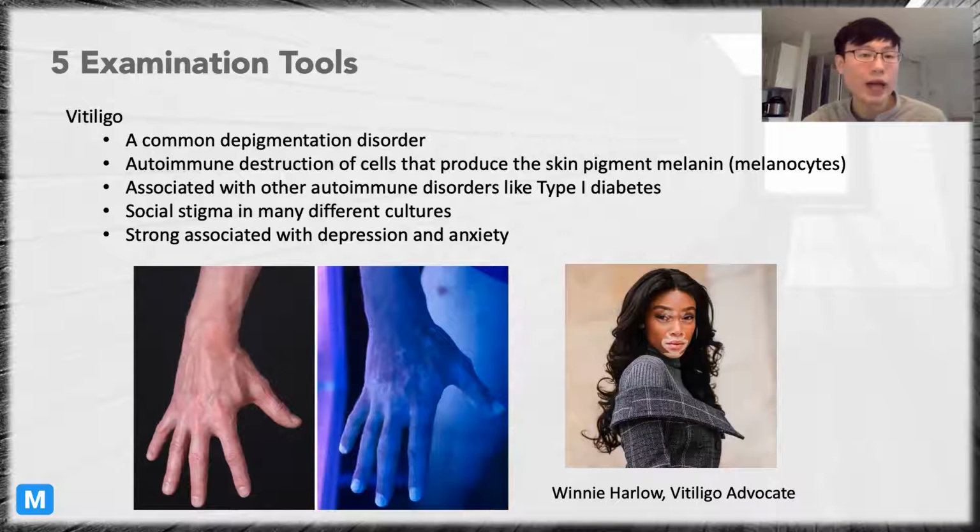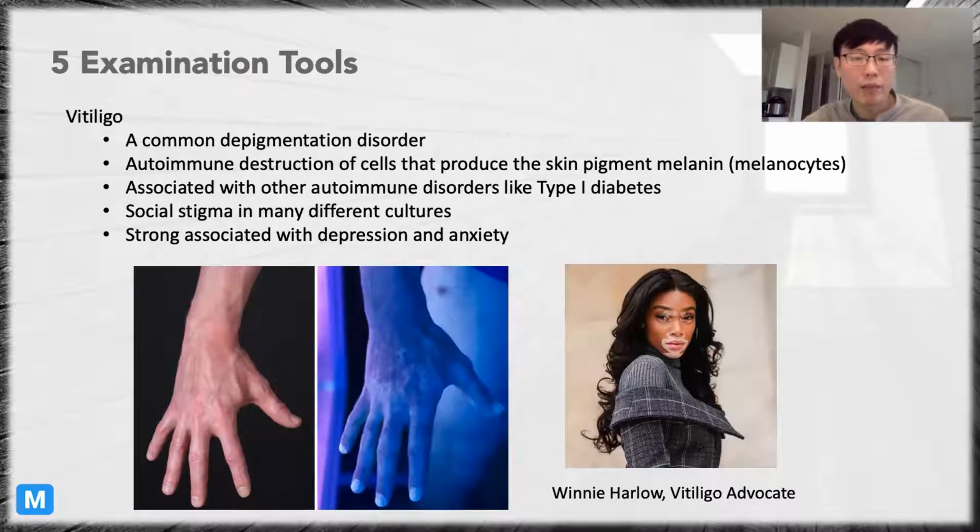And lastly, I want to ask about any depression or anxiety symptoms, because there are many systematic reviews and articles suggesting a strong association of depression and anxiety with vitiligo.